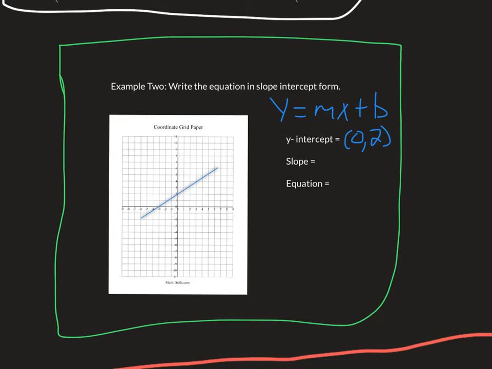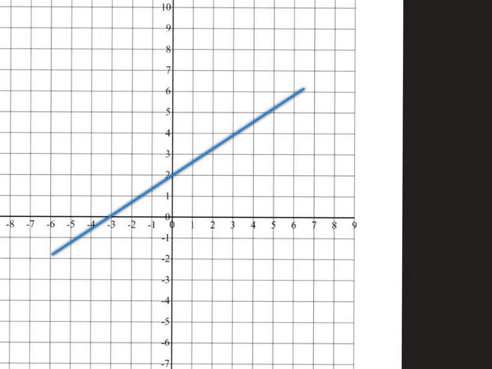And then from 2, in order to get to our next point, we can zoom in. From 2, we need to go up 1, 2, 3, and over 1. Oh, that's funny. Here we go. It's this point right here, right? So we need to go up 1, 2, and over 1, 2, 3. So we have a rise of 2 and a run of 3.